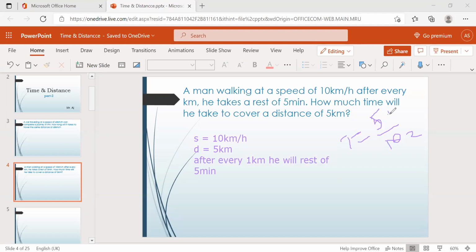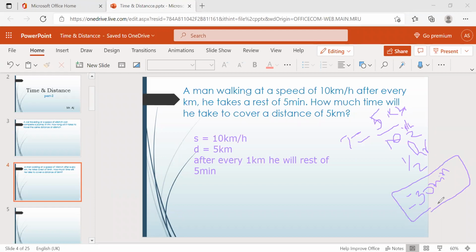The kilometer gets cancelled and we'll get 1 by 2 hour. That means half an hour. Half an hour means how many minutes? 30 minutes, right? He will take 30 minutes to complete his 5 kilometers.